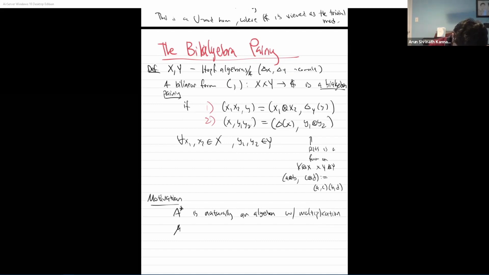You take the multiplication map mu star, you want to map from A dual tensor A dual to A dual. The most simple thing you can do is, A dual tensor A dual embeds in A tensor A dual. And then you take the dual map to the co-multiplication on A. And this will give you a map into A dual.